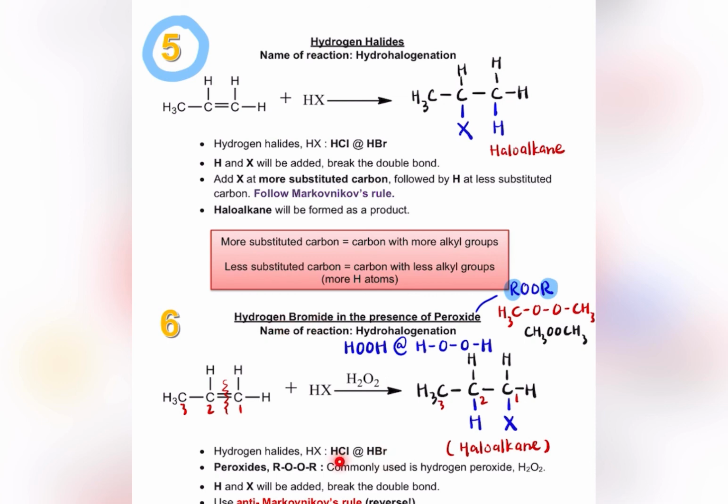So whichever depends on the question. So I hope you are clear with how to use Markovnikov's rule in the reaction of alkene. And please remember, alkene can only undergo electrophilic addition reaction, which forms only one product. So there is no side product in the reaction of alkene, as you see from all these 6 reactions.